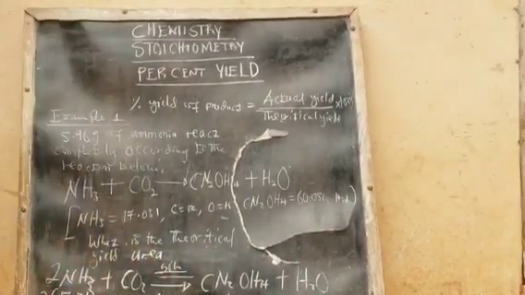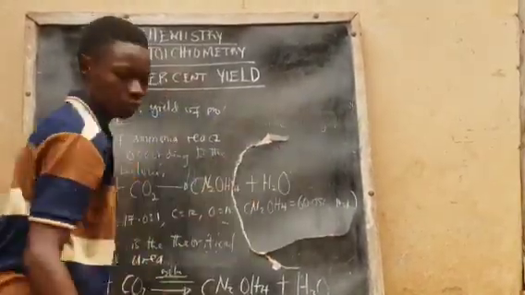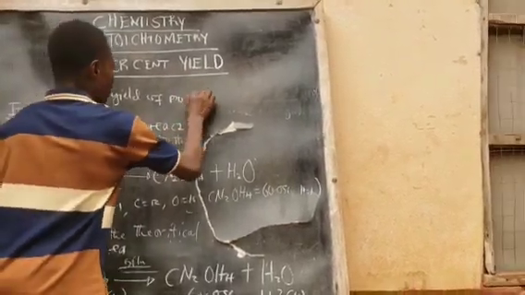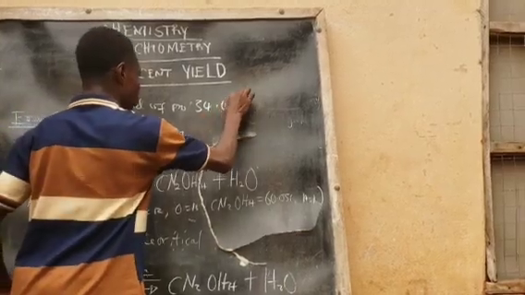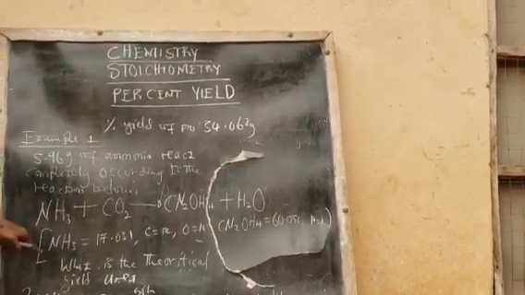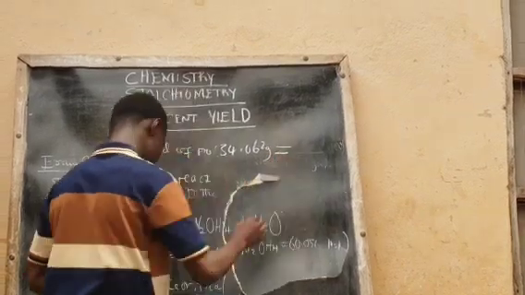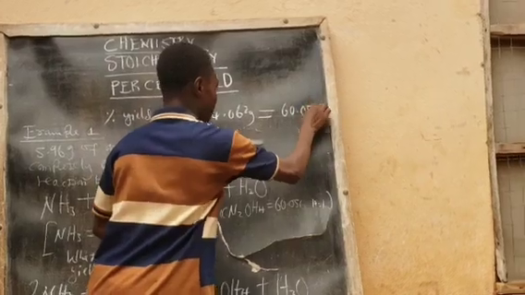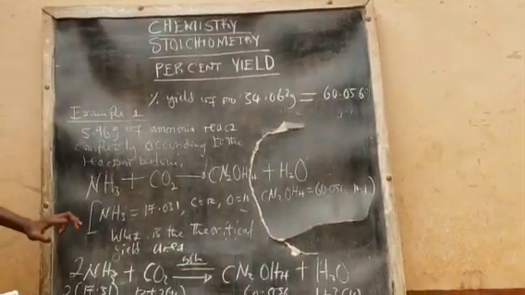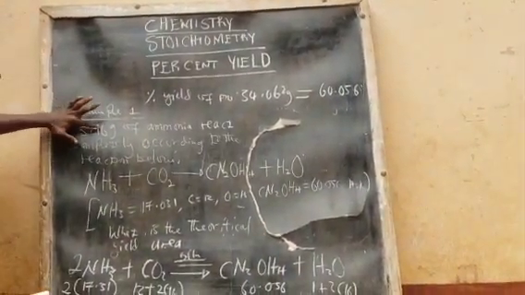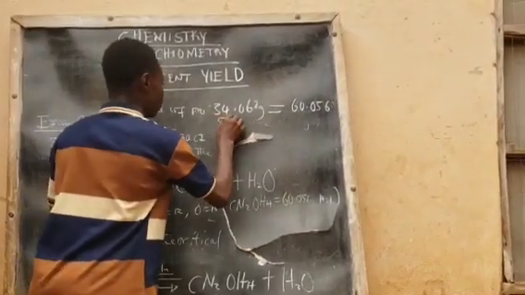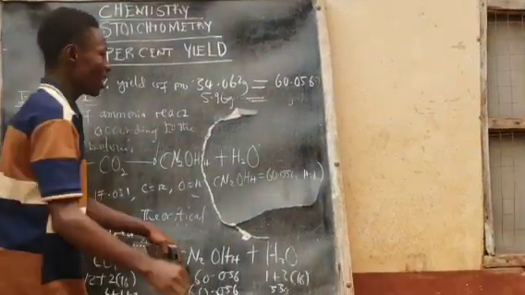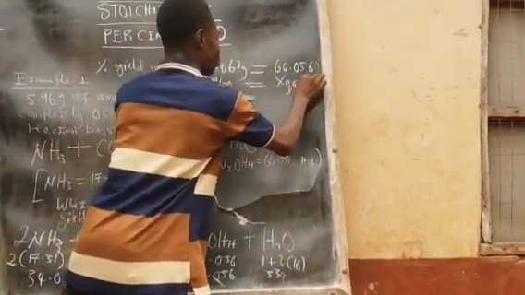So now we are going to say 34.062 grams of ammonia gives me 60.056 grams of urea. From the question, I have 5.96 grams of ammonia, which gives me X grams of urea.